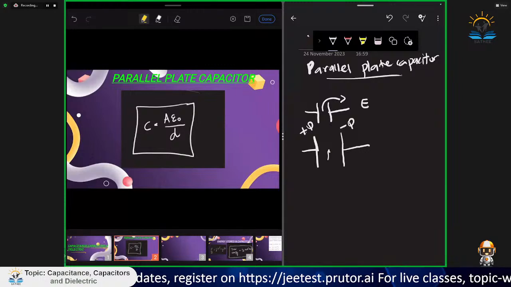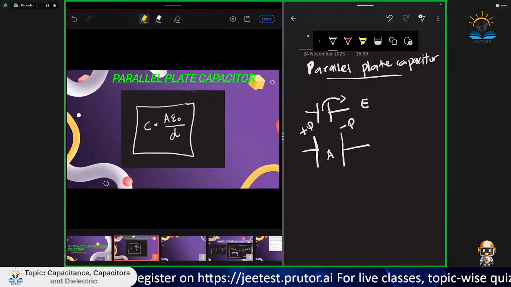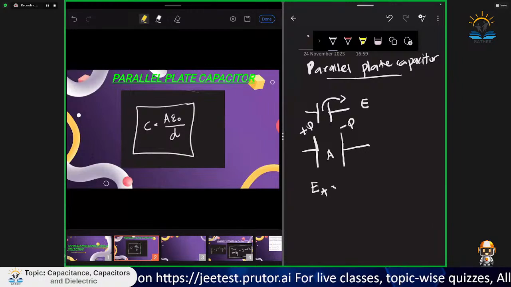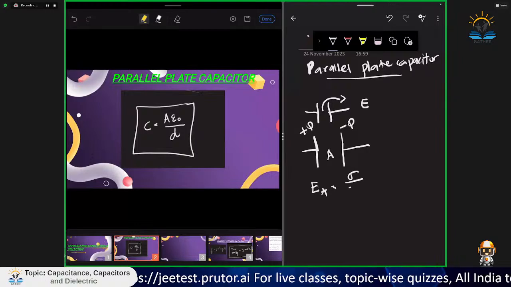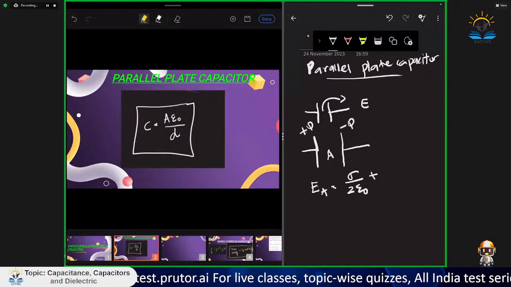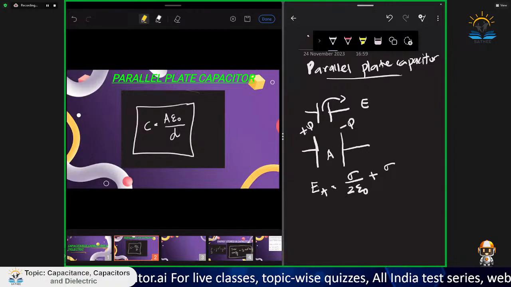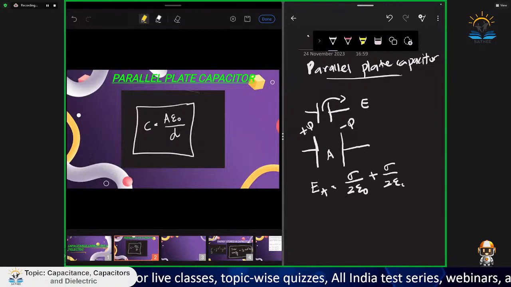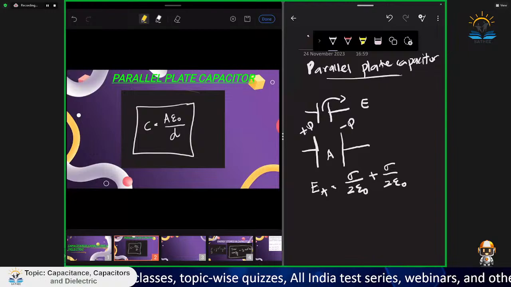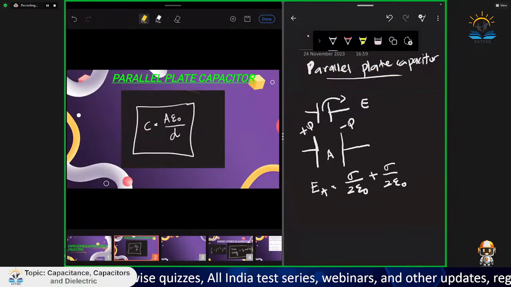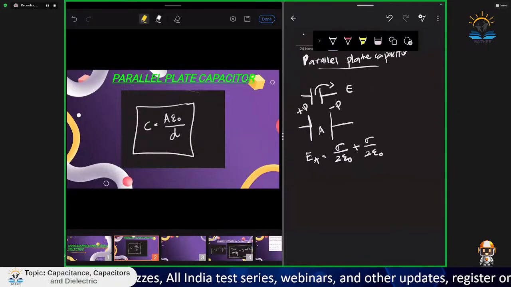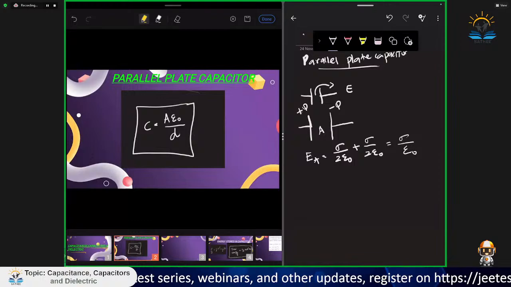If I'm taking a point A, the electric field at A will be, due to the plus charge, sigma by 2 epsilon, and due to the negative charge, sigma by 2 epsilon. Both will be in the same direction, so the net electric field will be sigma by epsilon.